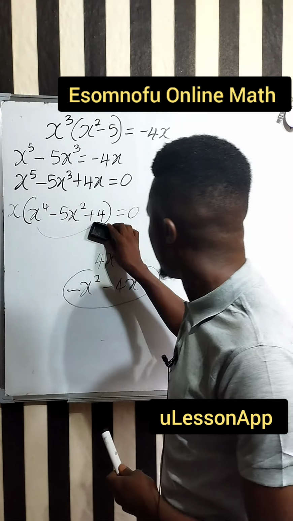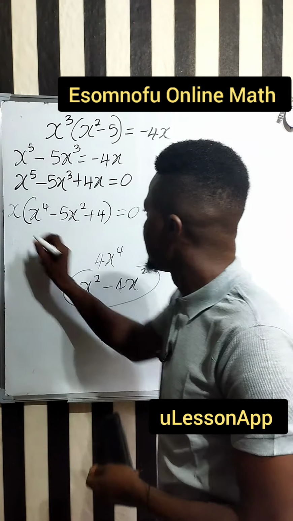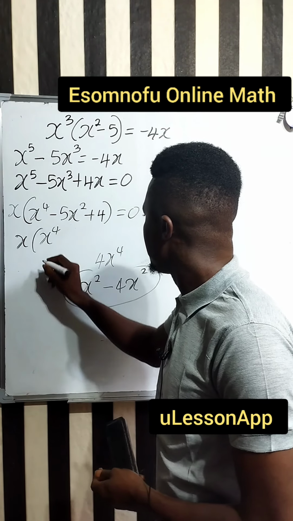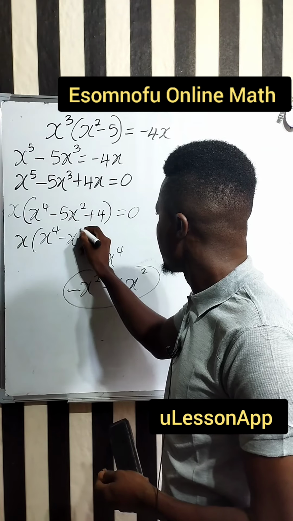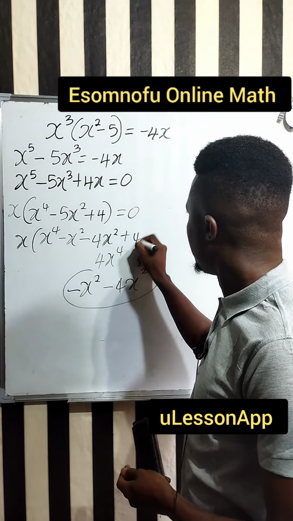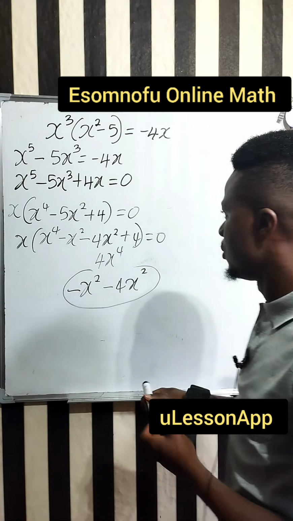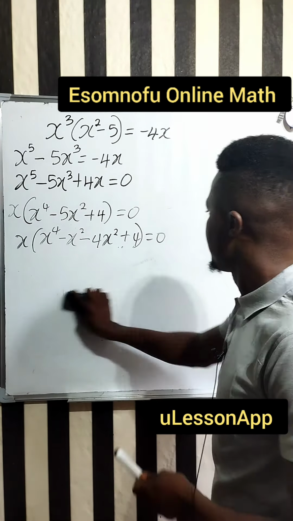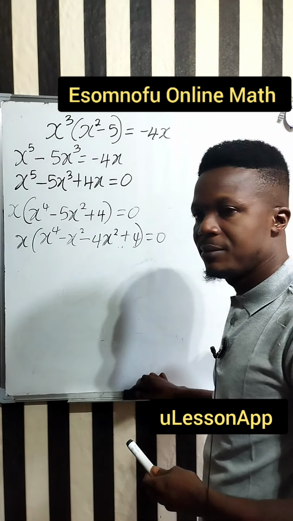So I am not wrong if I write that x into x to the power of 4 minus x squared minus 4x squared then plus 4 equals 0. So I can further factorize the term in the bracket.